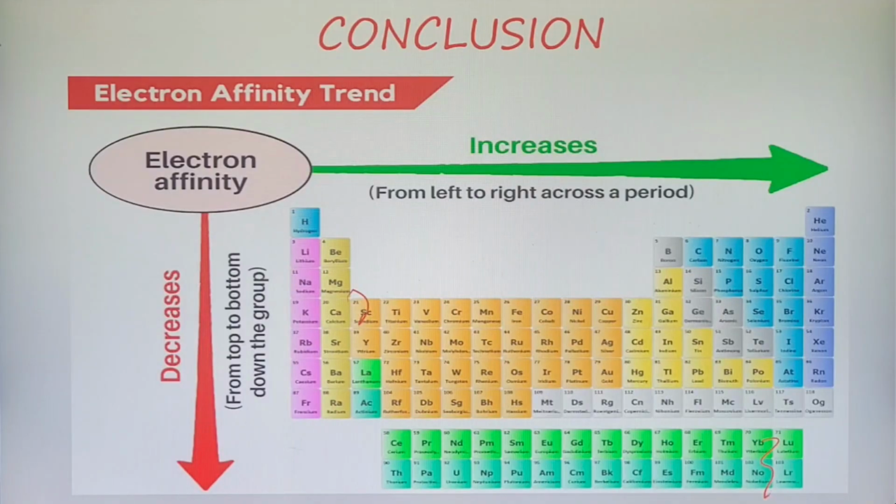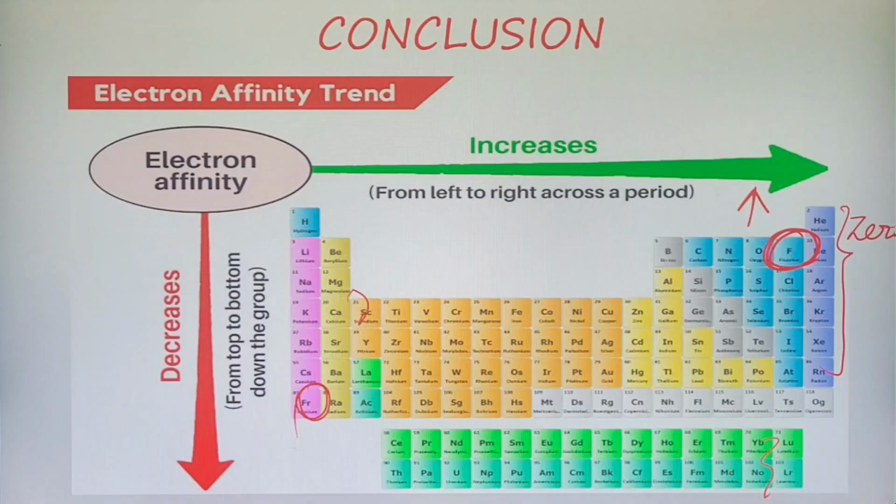The highest electron affinity will be for this element called fluorine, because we know all the noble gases will have an electron affinity of 0. So which element has the highest electron affinity? It will be fluorine, and the least will be francium. Am I clear? So the highest one will be fluorine and the least one will be francium.